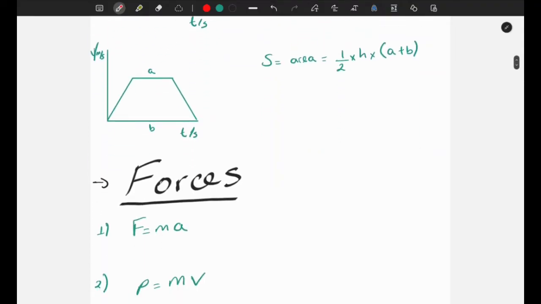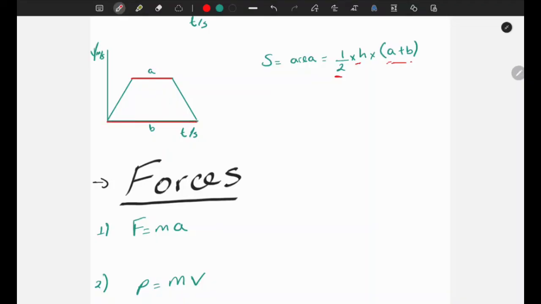The last speed time graph is like this one. It has a trapezium shape. So to find the area and to find the distance, first we find the area of the trapezium. The area of the trapezium is given by half times height times (a plus b). a plus b in this case are the bases of the trapezium. So this is the first base, this is the second base.